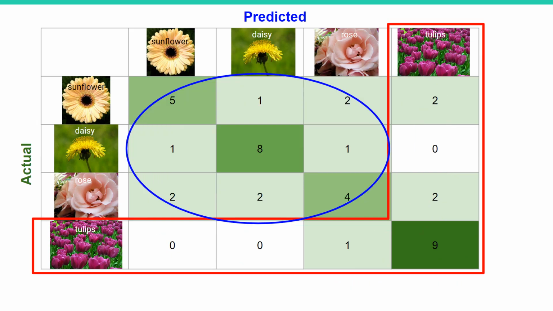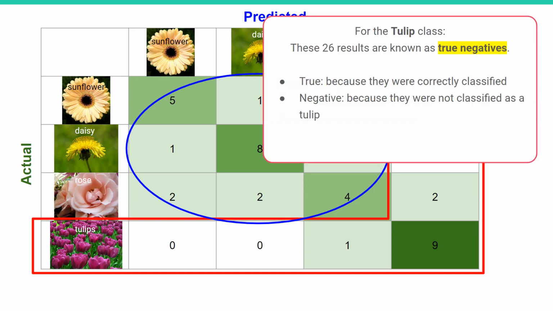So when we look at all the other numbers and total them up, we see that there are 26 results, and these are known as true negatives because they were not classified as tulips and they were not images of tulips. True because they were correctly classified, and negative because they were not classified as a tulip. So notice all of these statistics are in relation to the tulip class.